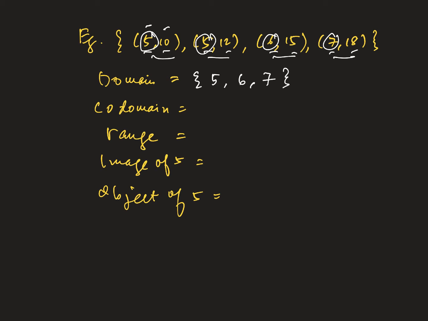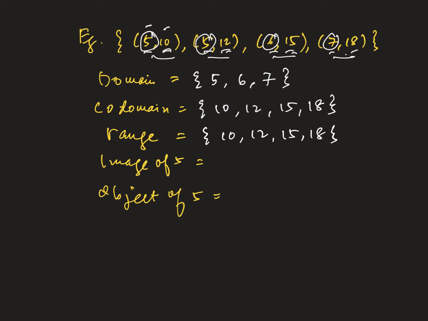And the codomain is 10, 12, 15, and 18. So this is the codomain, all the elements in set B. The range here is the same as the codomain, 10, 12, 15, 18 as well.